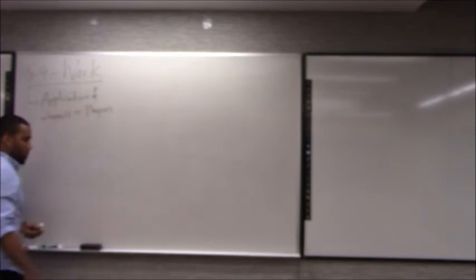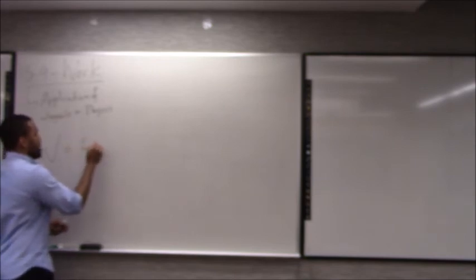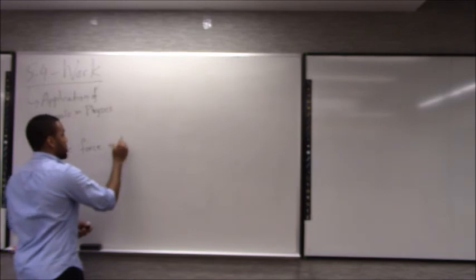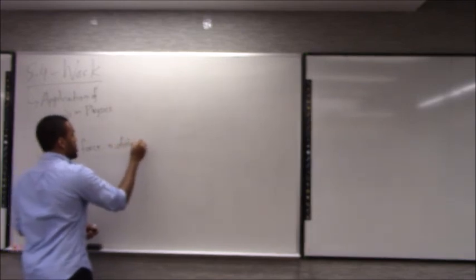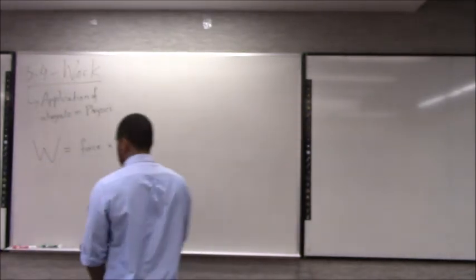So work as a physics concept. This is the idea: you have some force acting on an object, and the force can cause this object to move a certain distance. And the work done by the force on the object is defined to be the force times the distance.